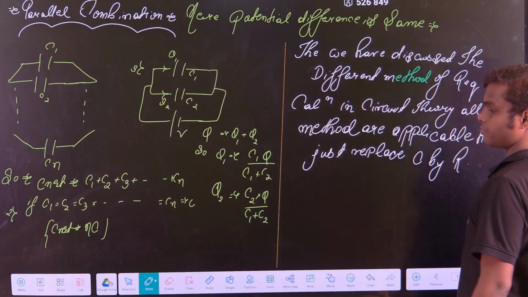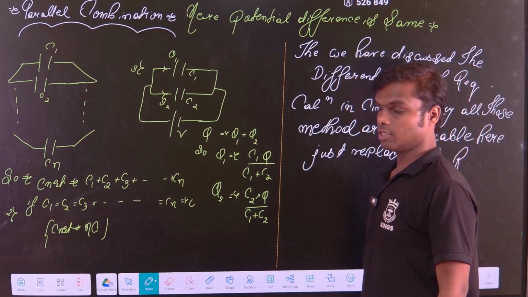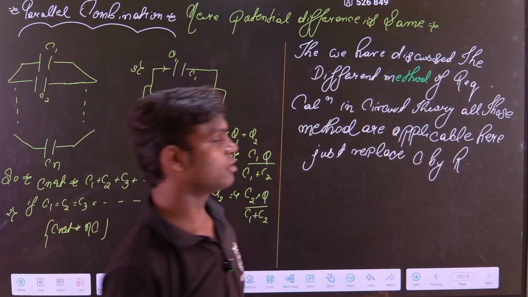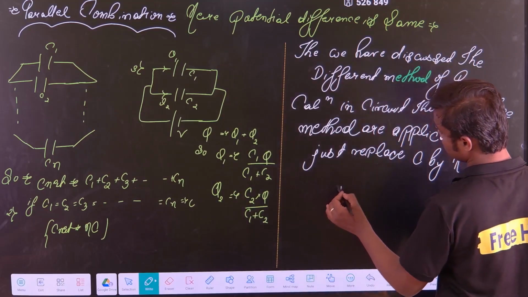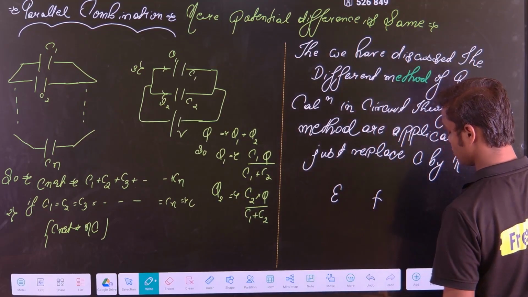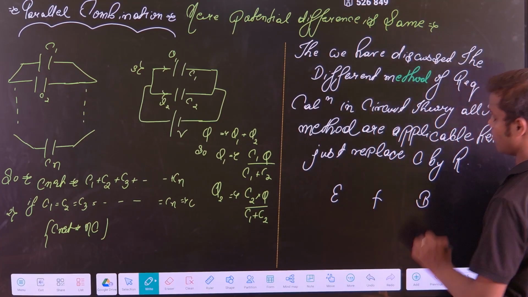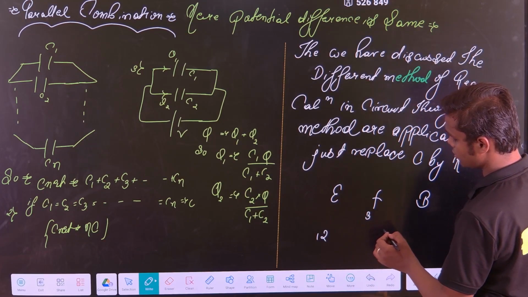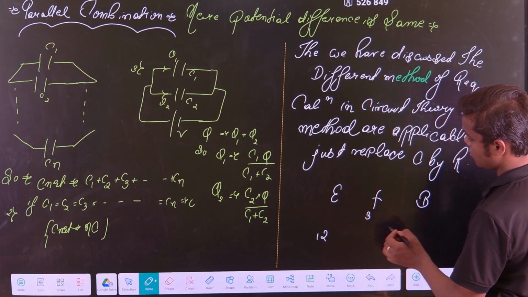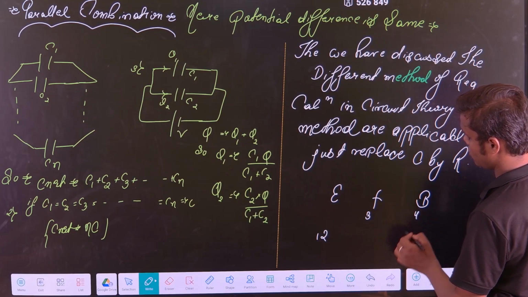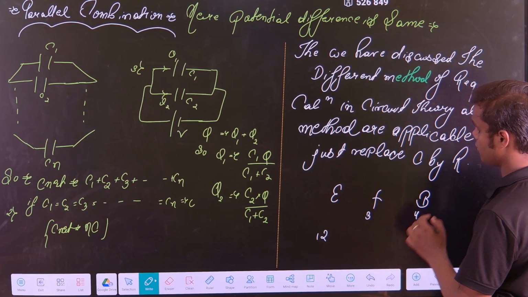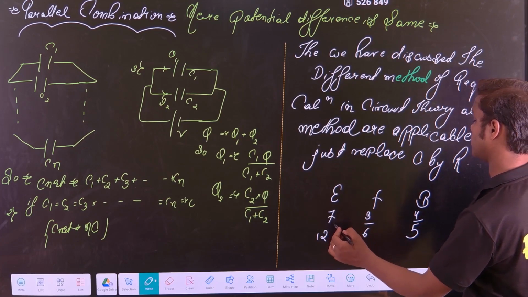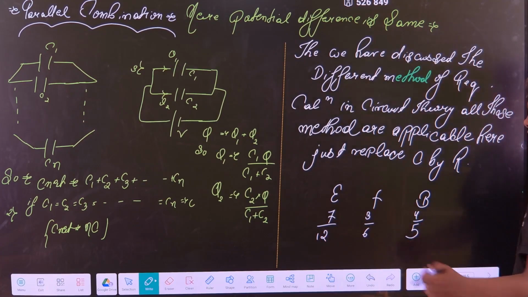Clear? Any doubt? If you remember, in current electricity we have calculated the R equivalent for edge, then face, then body. What is the edge? 1, 2, 3, 4, 1, 2, 3, 4, 5, 6, 7. That is what I think we have calculated.